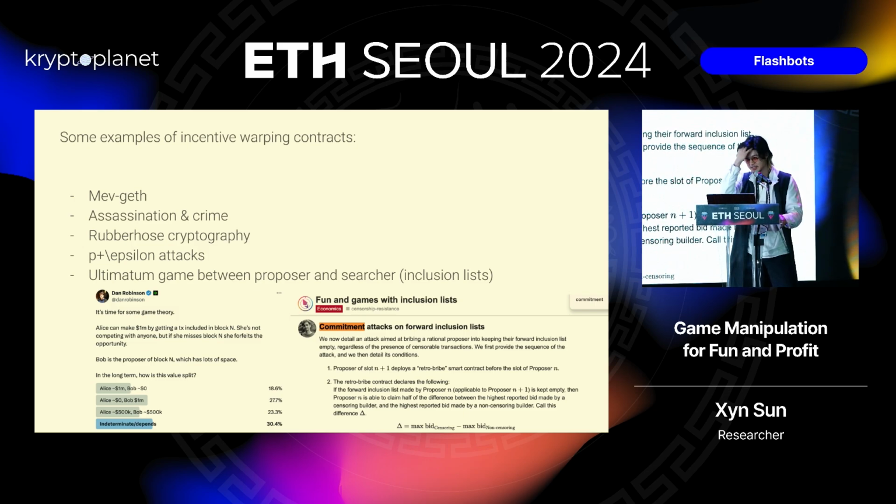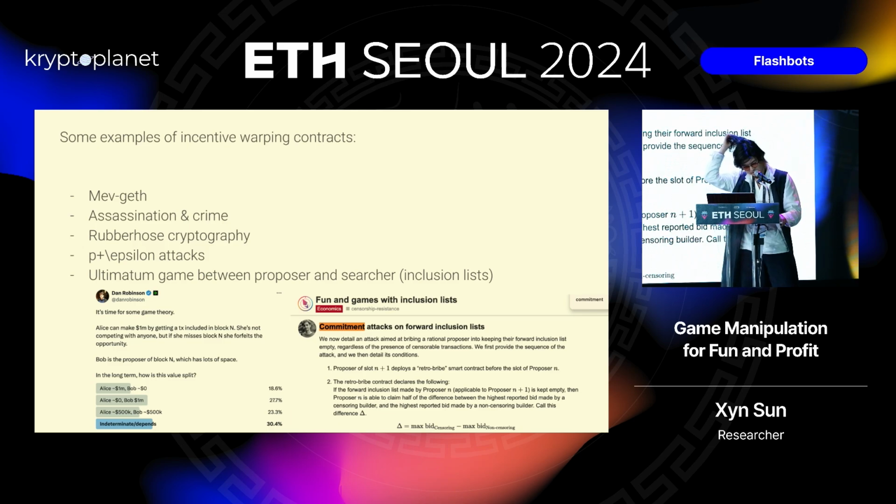In reality, if you want to extract this, say you are a searcher that is super sophisticated, you probably would want to launch some kind of DAO as a meme and then make everybody realize, oh, this is your DAO, and therefore make your threat credible on the social layer.